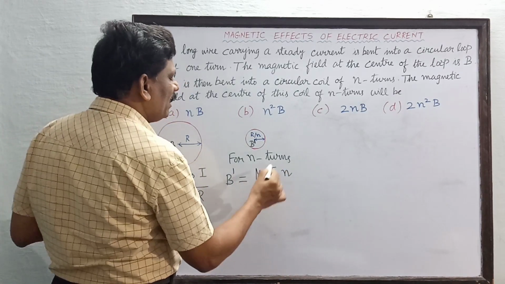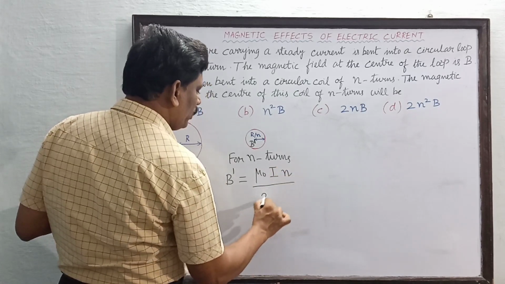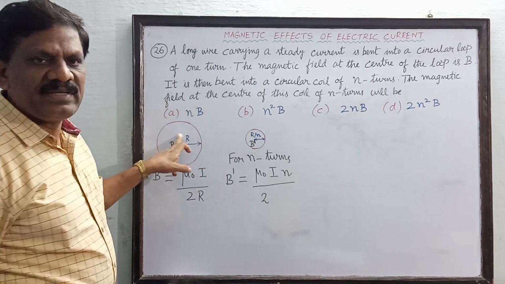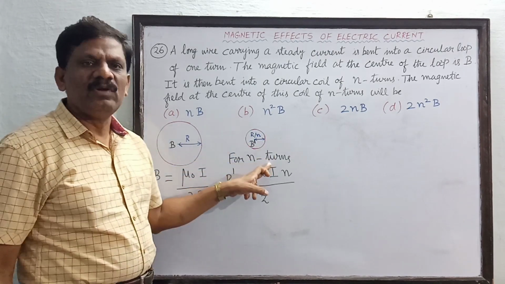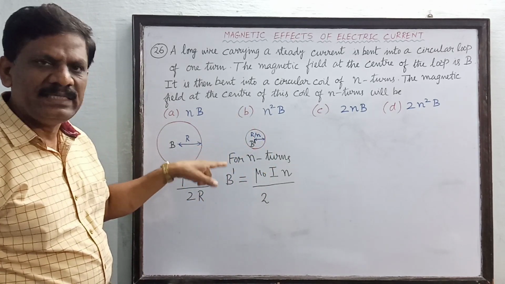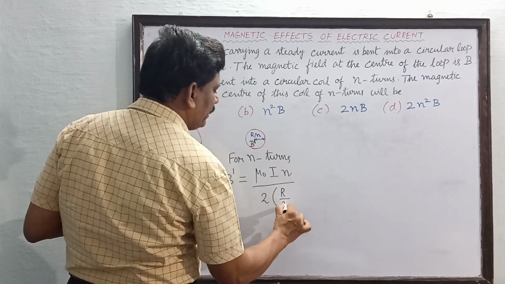So mu naught I into n number of loops divided by 2 into. Now the radius is smaller than the previous radius. Since there are n number of loops, the new radius must be equal to r divided by n, r by n. So this is 2 into r by n.